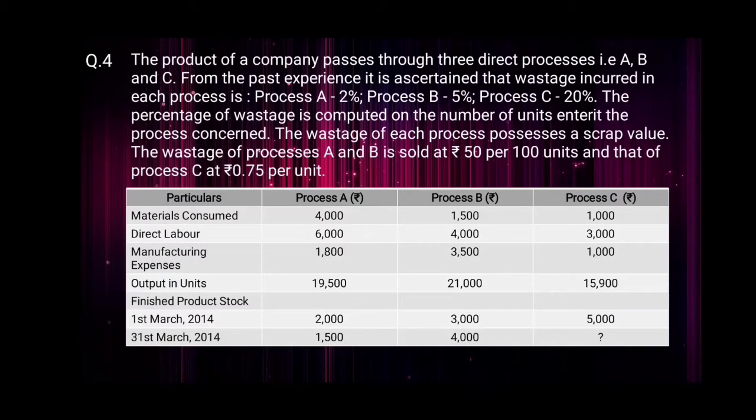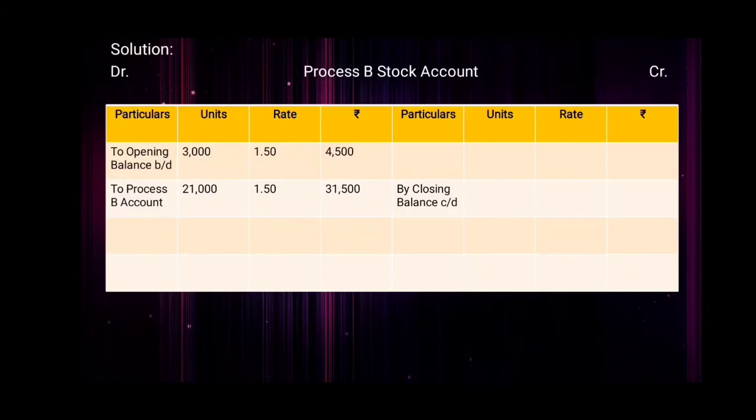Next, finished product stock on 31st March 2014 for process B is given as 4,000. So by closing balance carried down 4,000 units at the rate of 1.50. So the total amount will be 6,000. Now the balancing amount will be transferred to process C account.